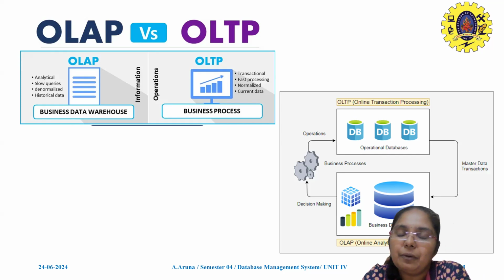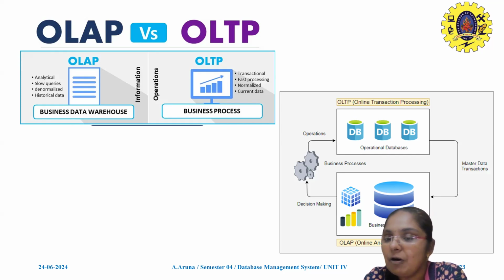If I want to add 10,000 to all the employees belonging to the EC department or any other department, we can't do it one by one. We have to go for a certain operation to do this particular process. In this case, we are going for online transactional processing.